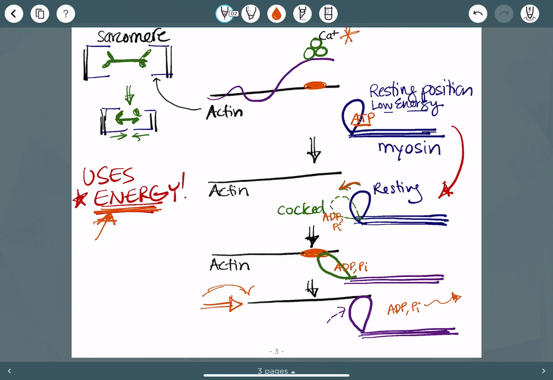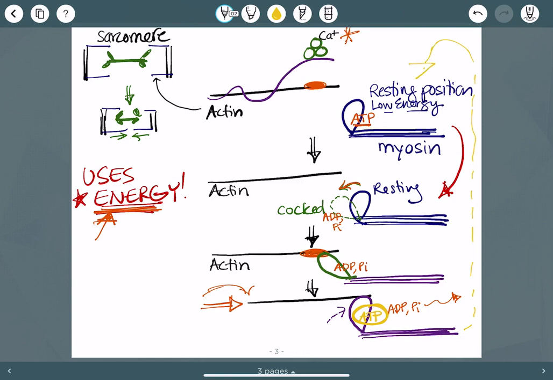Now at this point, myosin would stay bound to the actin. If we still had ATP available and another ATP bound, if it jumped on here, it would cause myosin to release the actin, and you would actually start right back up from the beginning.